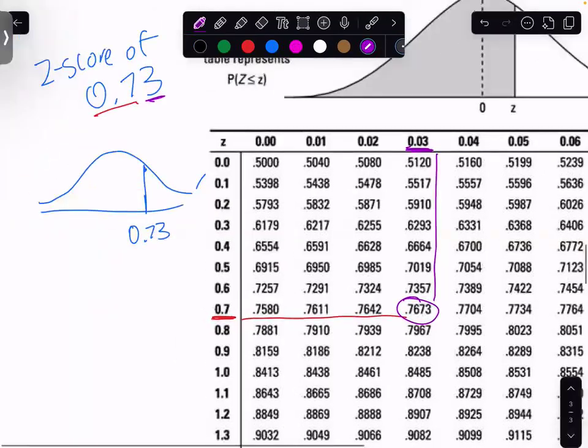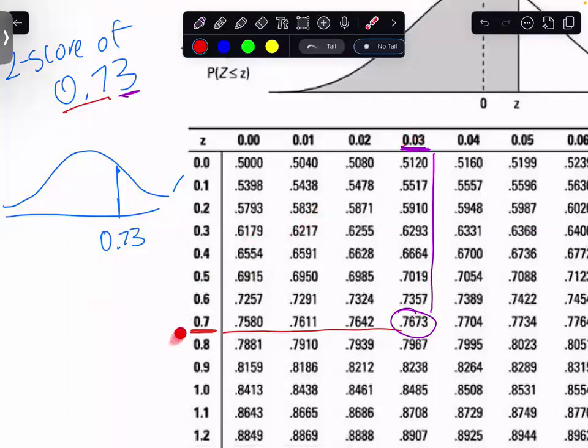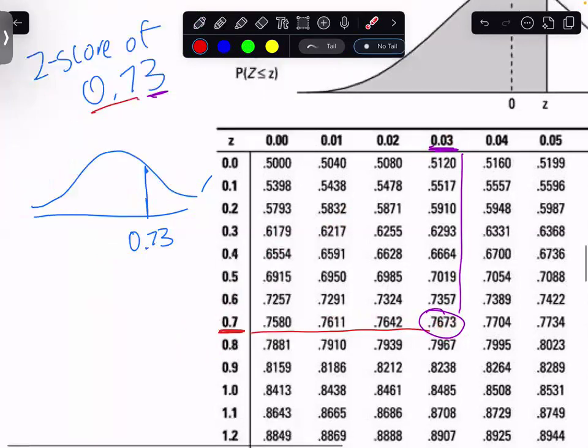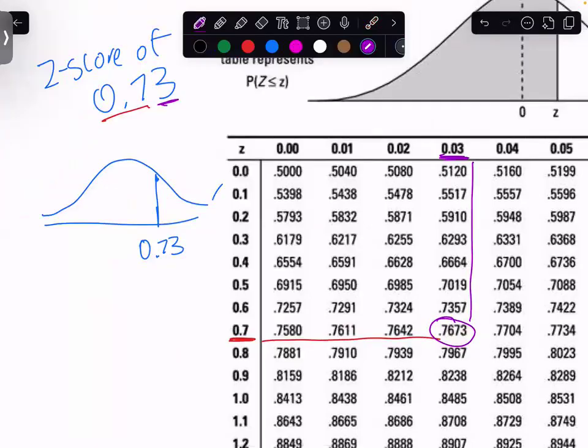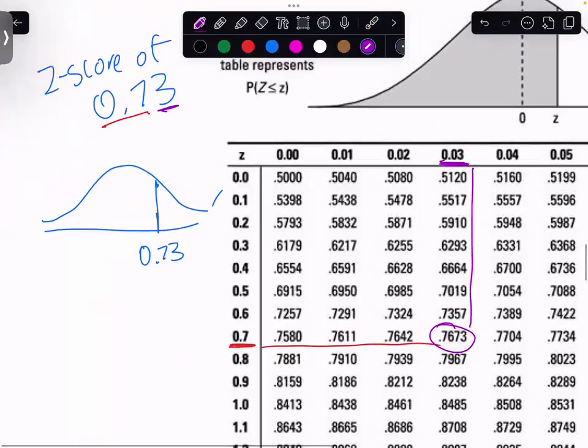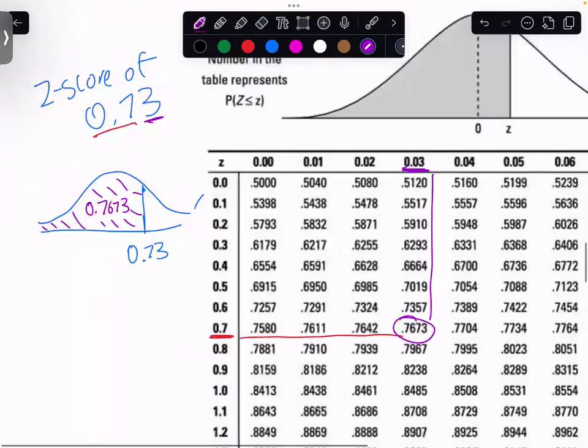So if you look up 0.73 as a z-score, the table tells you 0.7673. So what that means is that the area to the left is 0.7673.